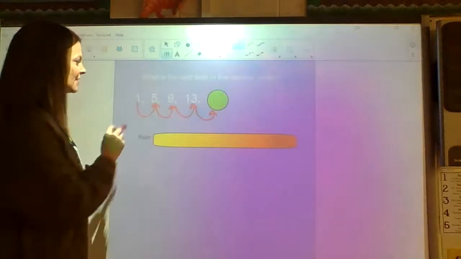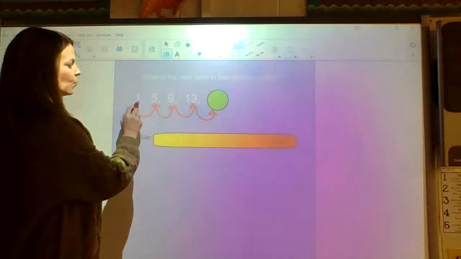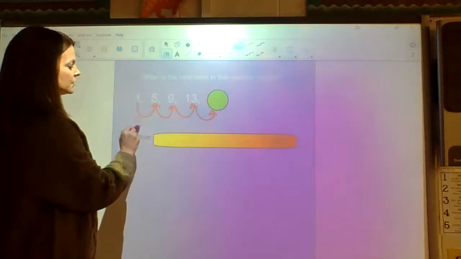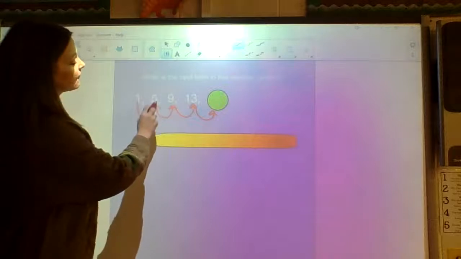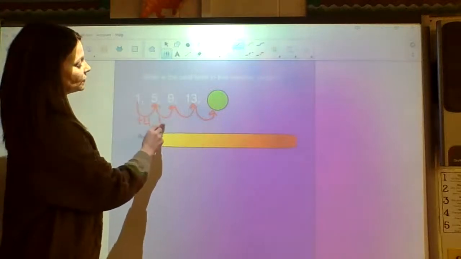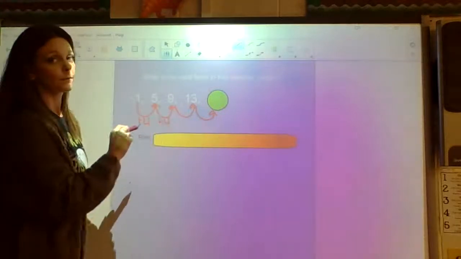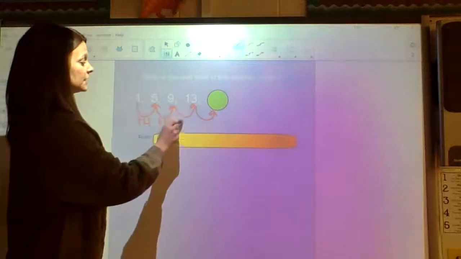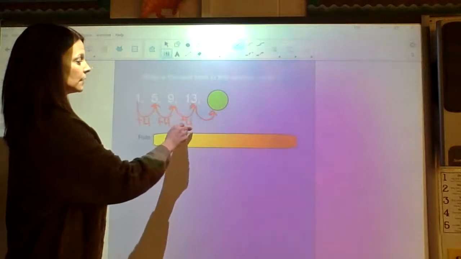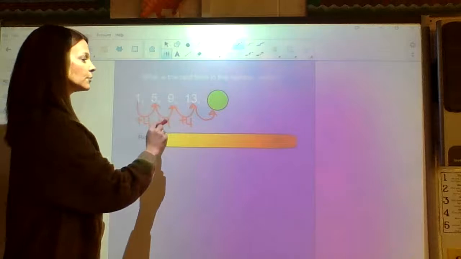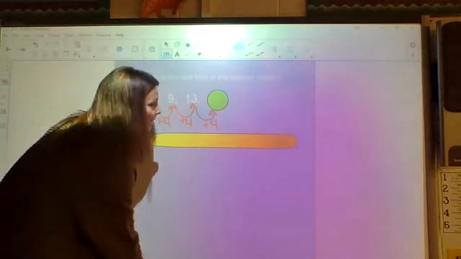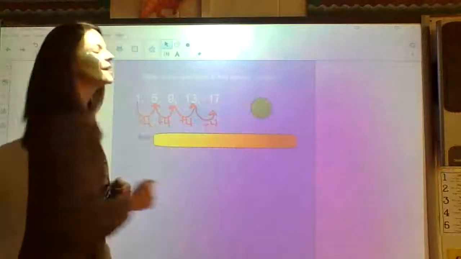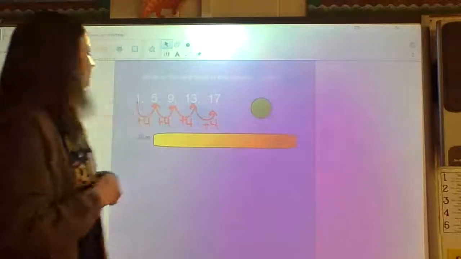Welcome back, friends. If we counted on from 1 to 5, we saw that we added 4. If I go from 5 to 9, I'm also adding 4. To jump from 9 to 13, we add 4. So if I go from 13 up to my dot, I add 4 and end up with 17.